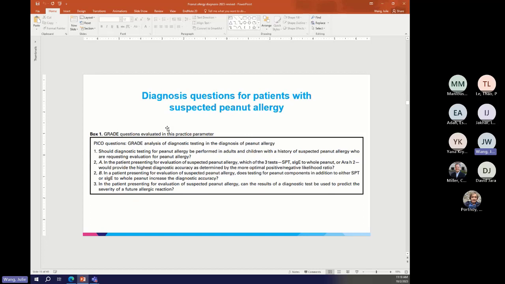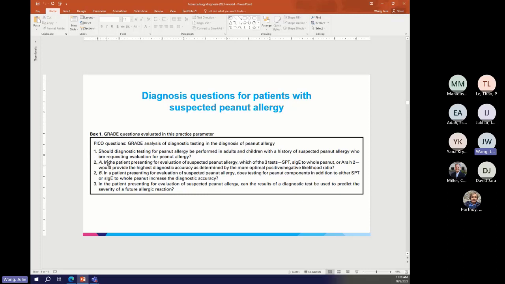So questions are not determined after the fact, after we look at the data. We determine what the questions are, and then we go into the data to see what data exists to answer these specific questions. For this peanut allergy practice parameter, there were 4 questions that were attempted to be answered.